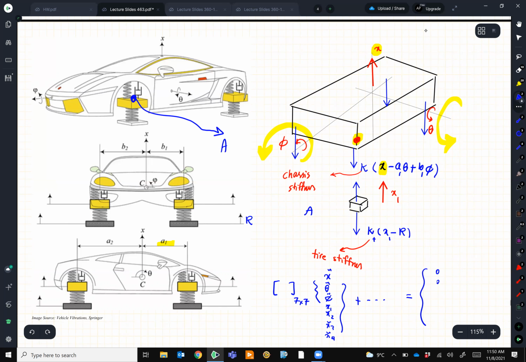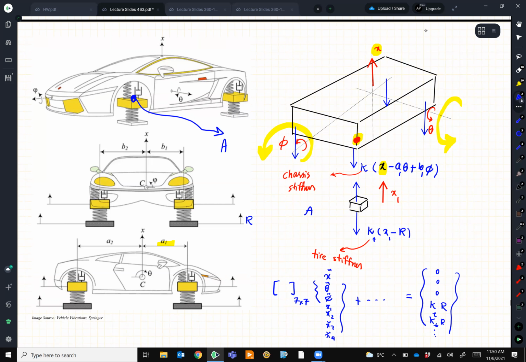There is no force for these three, but each of the tires is going to have a K tire R, K tire R, and so on. And you write the equations. So you have all these matrices, and in your tutorial, you can use the same code that your TA used, but you just need to change your mass and stiffness matrices, right? And of course, your excitation.